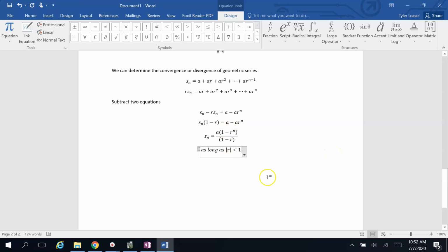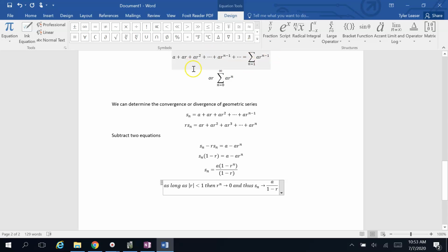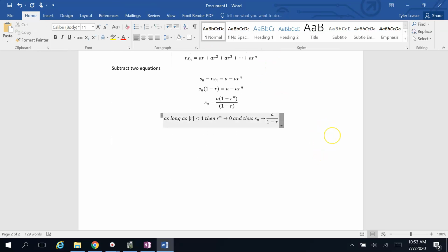So as long as the absolute value of r is less than 1, then r to the n is going to go to 0, and thus my partial sum s sub n is going to converge to just a over 1 minus r. And since that is what the sequence of partial sums converges to, that is what the infinite series converges to. Okay, so let's think about all that again and rewrite it all out.